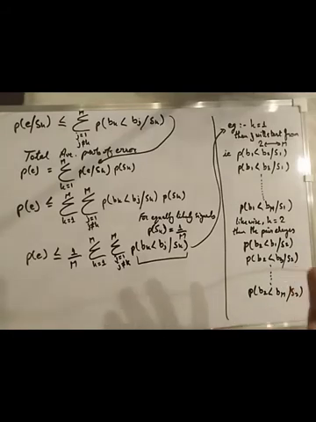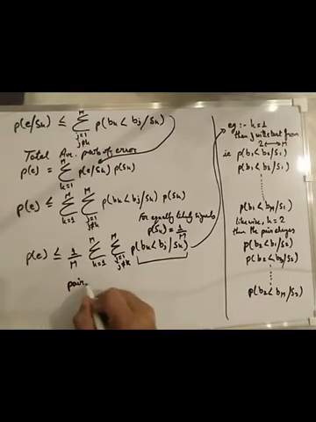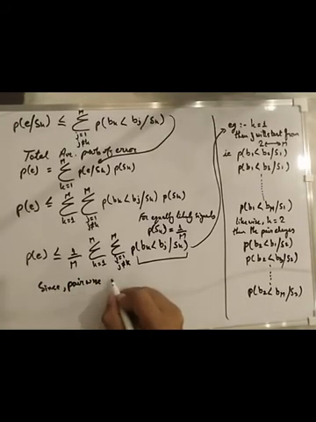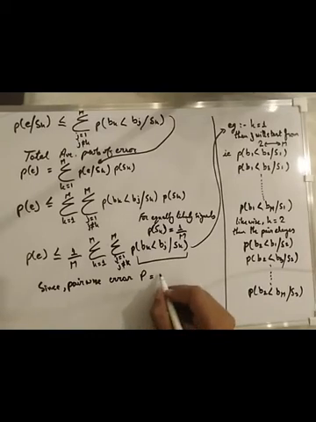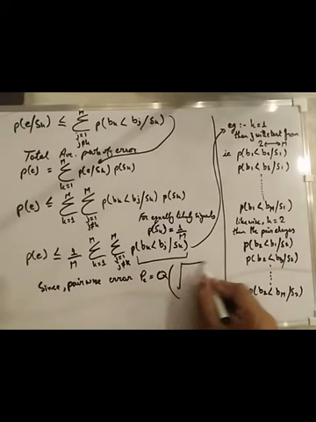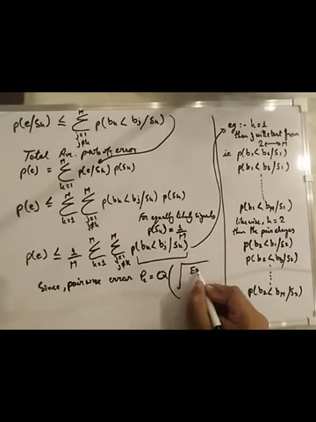If you recall, 3 or 4 lectures back, we expressed the pairwise error probability as Q of under root ED divided by 2N naught.